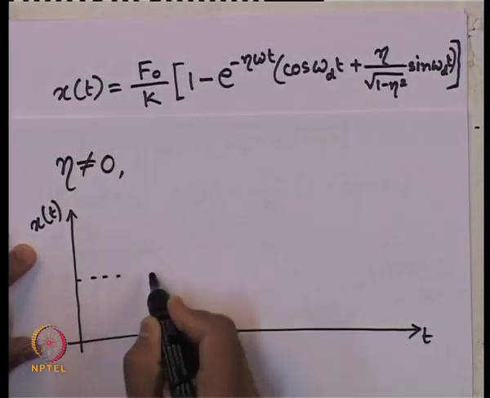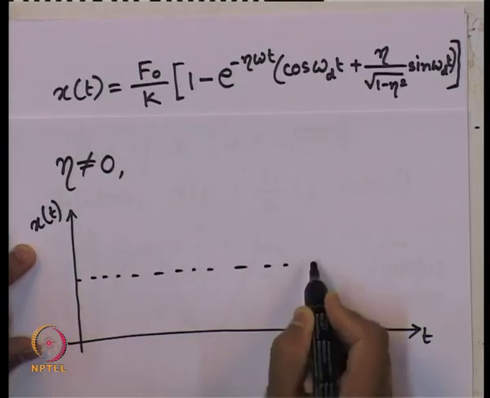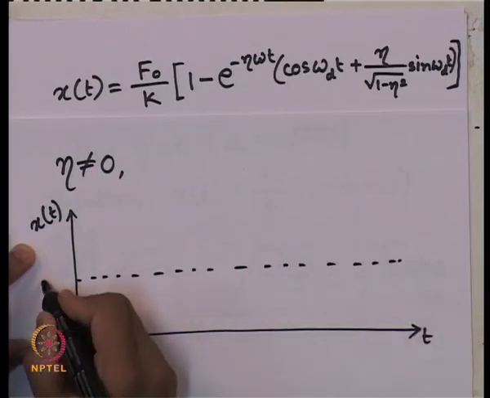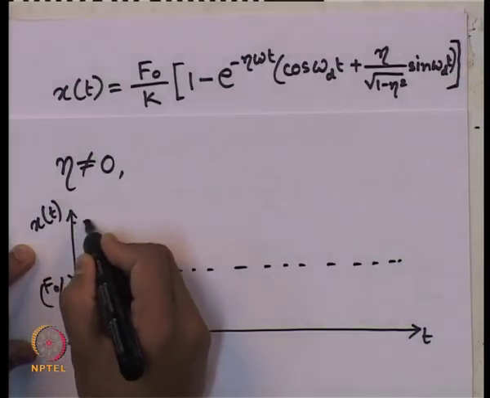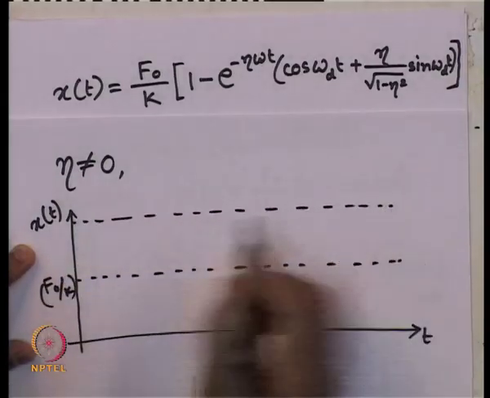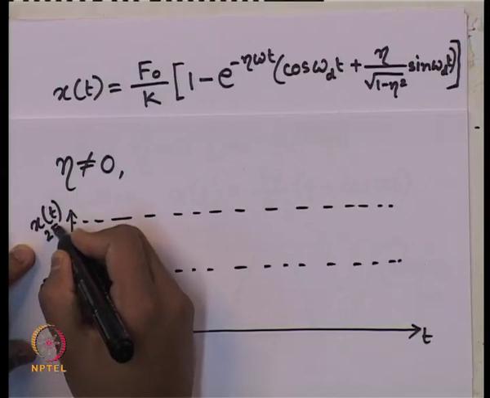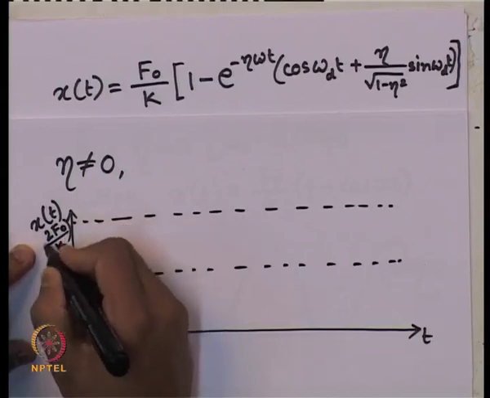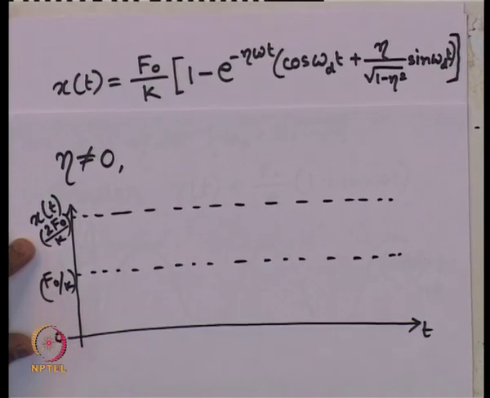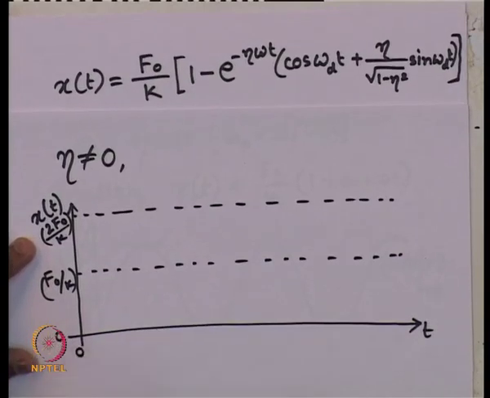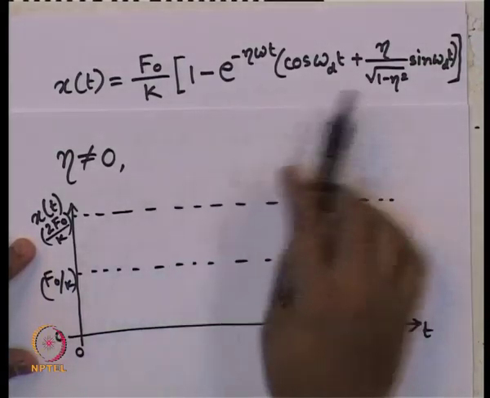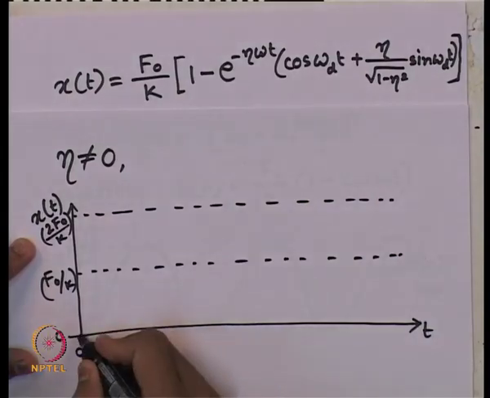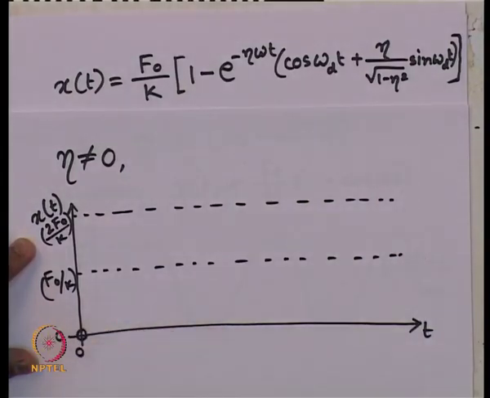So, let us draw that line, which is equal to f naught by k, and let us draw another line here. Earlier for the undamped case, we got 2 f naught by k as the maximum value. This is the 0 line, and this is t equals to 0. When t equals 0, it should start again from the origin, 0 0 value.